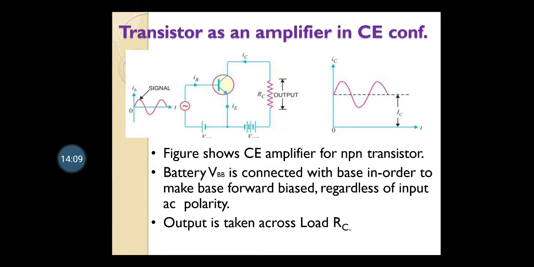So the base is always forward bias and the collector is always reverse bias. Remember, for active amplification, the transistor has to be always in the active mode. To use a transistor as an amplifier, it has to be in the active mode. So the base input is forward bias, the collector is reverse bias, and output is taken across RC.